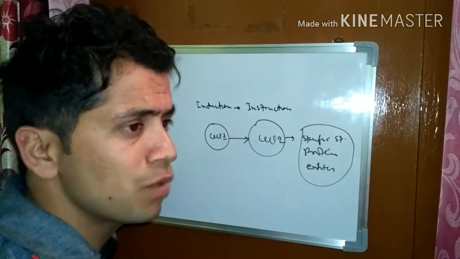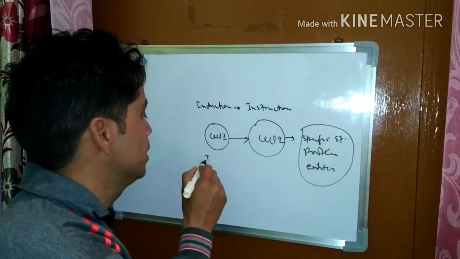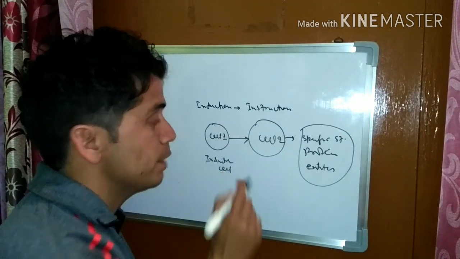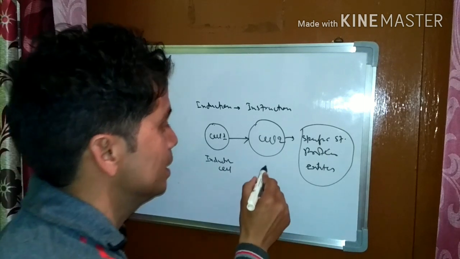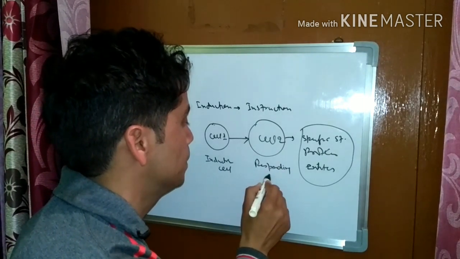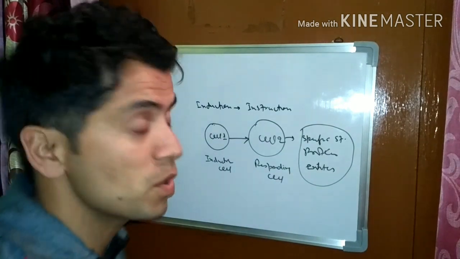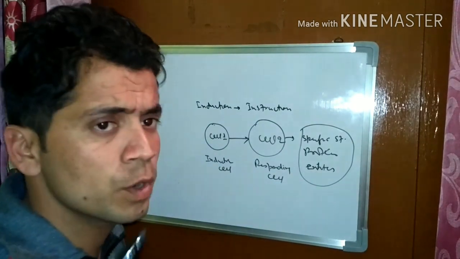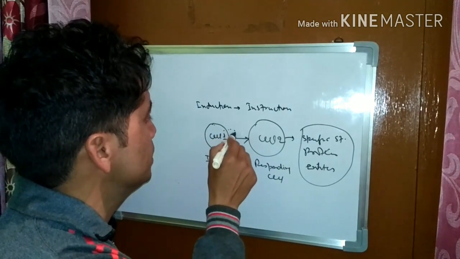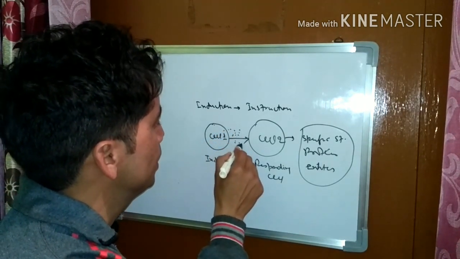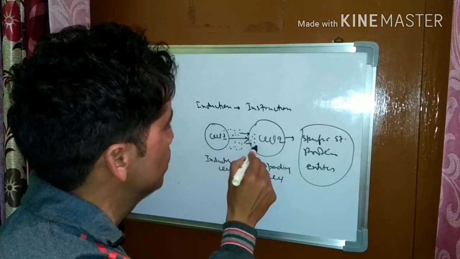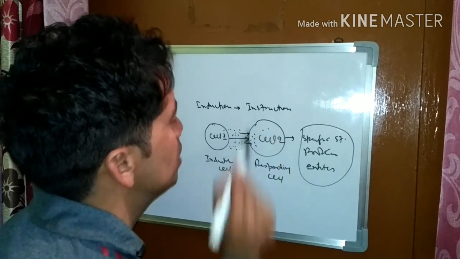The cell which influences the other cell is called the inductor cell, and the cell which receives that signal is called the responding cell. There are some cues, chemical structures of protein, that are secreted in the vicinity by cell 1 and diffuse inside cell 2 and influence the environment of cell 2.